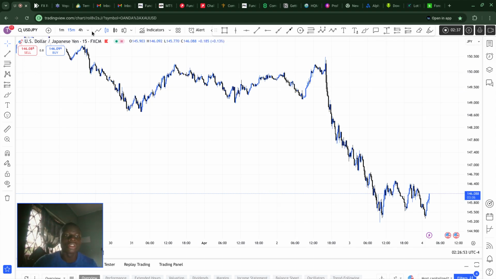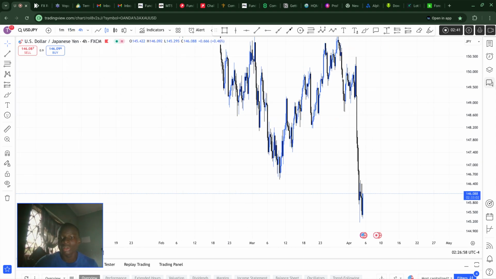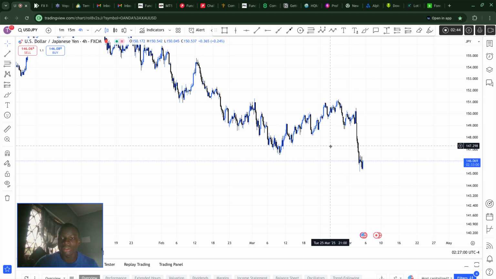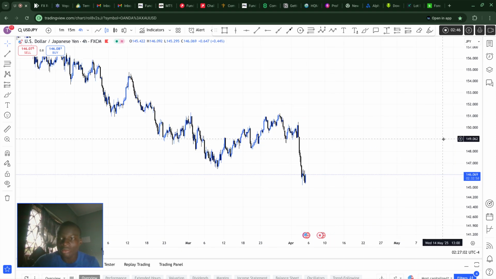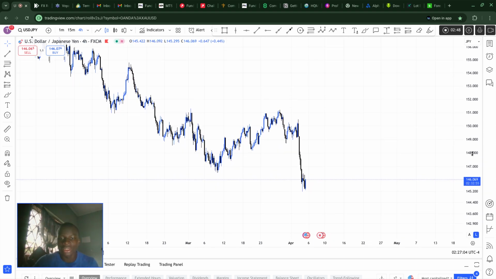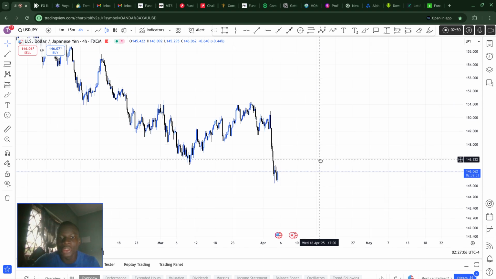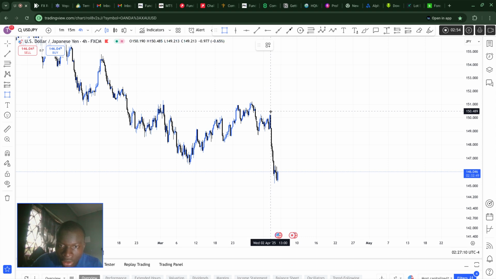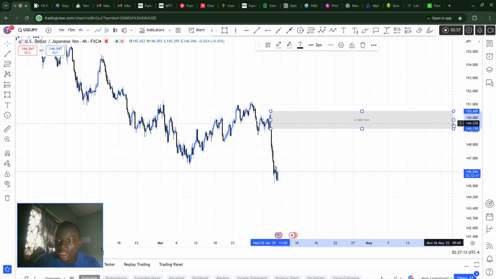So starting from USDJPY, on our time frame, we look at the current market. The first thing we see is that the market has switched bearish. This is where the market is reversing back.